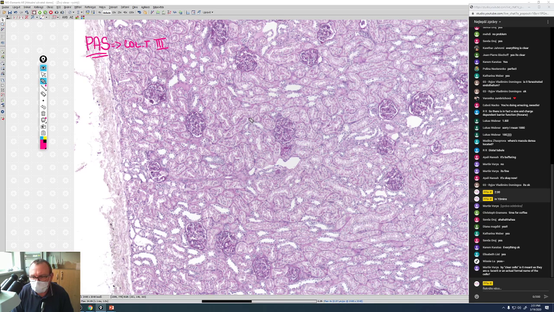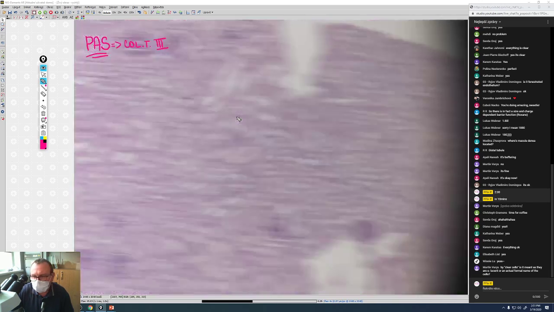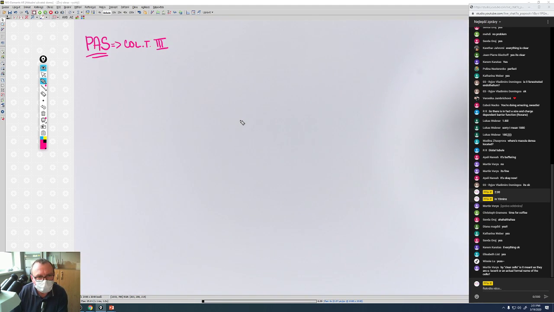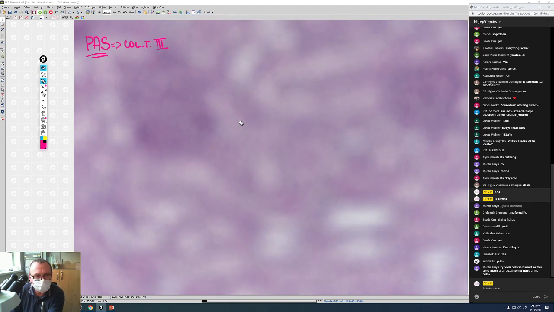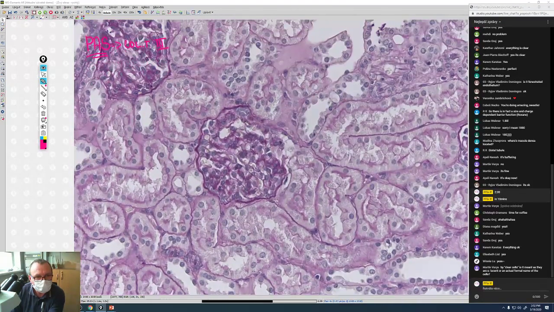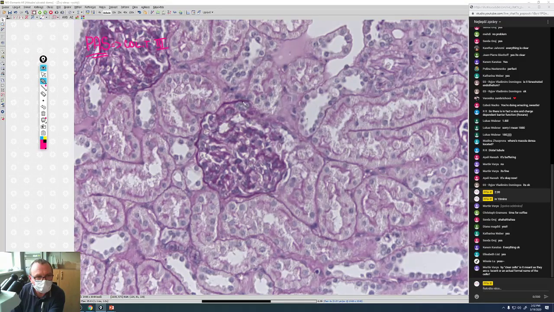When we look at the higher magnification, we'll focus on some renal corpuscle. I put it to the center, and we can see thick basement membrane around the parietal layer of a Bowman's capsule.